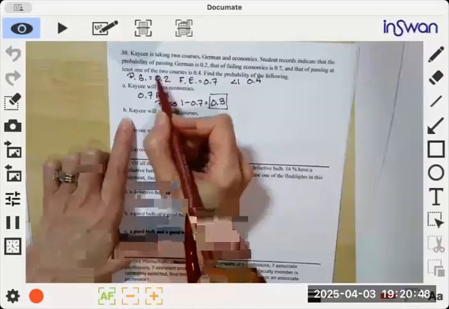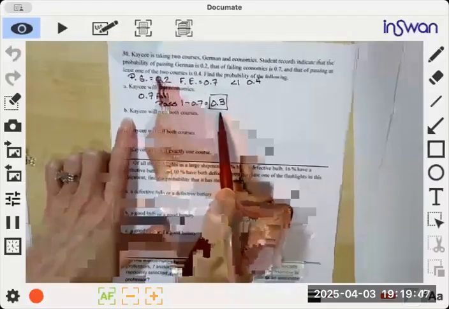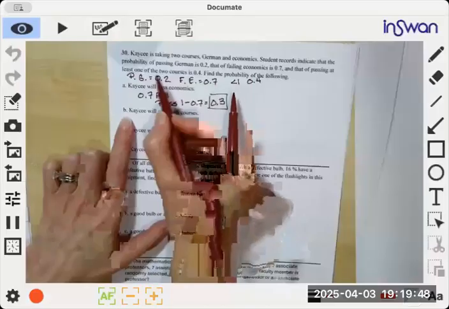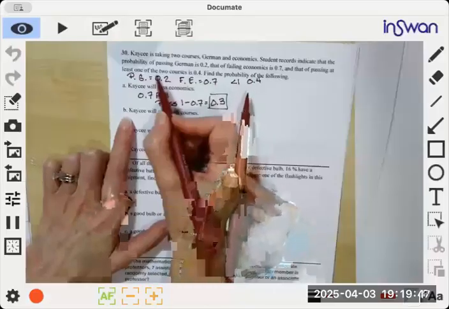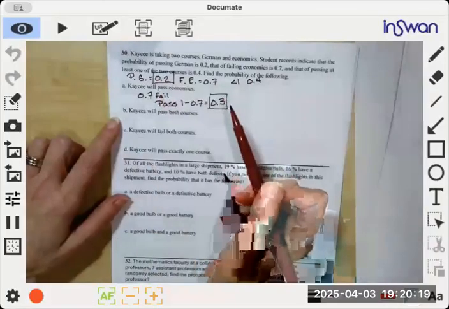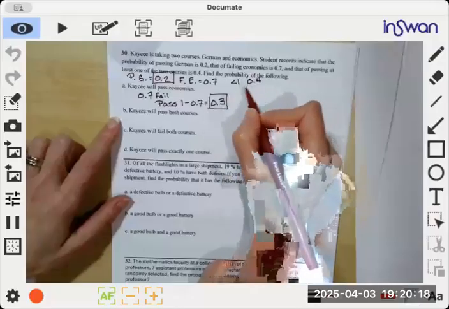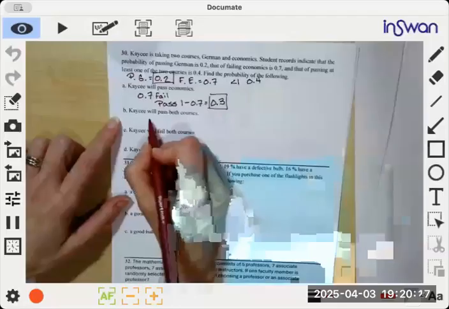So where should we go from here? So I know passing one, I know passing the other. And then at least one, at least one. Let's do this.